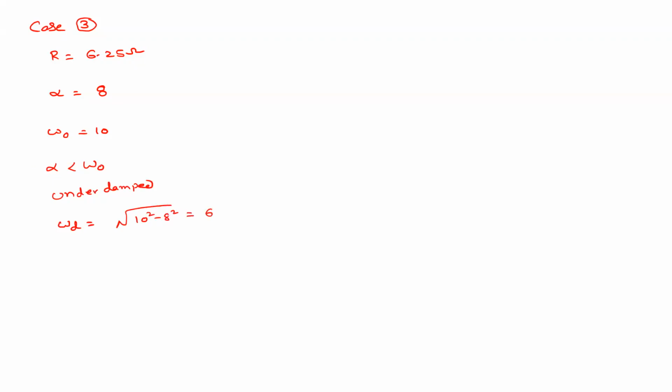So now what is the solution as roots S1, S2? There is no use of roots here, so straight away you can calculate. V of t is e to the power of minus alpha t, that is minus 8t, into A1 cos omega d t plus A2 sin omega d t, that is A1 cos 6t plus A2 sin 6t.